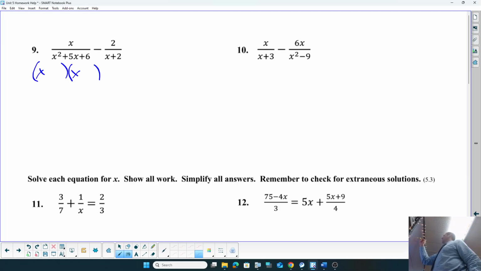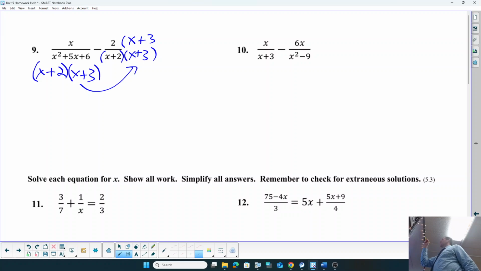So factors of 6, to get a 5, you need a 2 and a 3, plus and plus. And then this side is missing the x plus 3 to the top and bottom. And this side already has it. Now we combine the top over the bottom once.